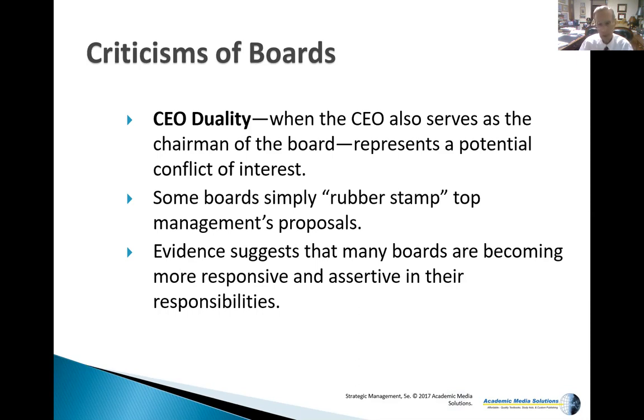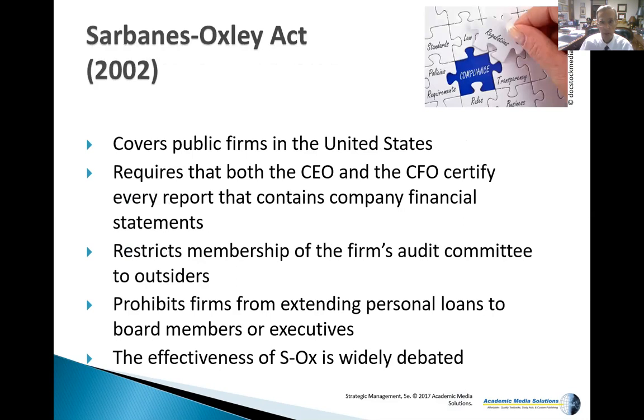what's the word I'm looking for? Scandals. And the result was a response by the government, the US government anyway, to pass the Sarbanes-Oxley Act in 2002, which put a lot of constraints on what top management can do.